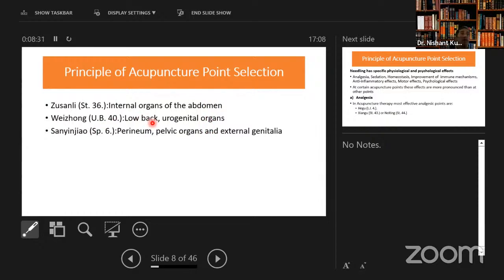UB40 कहाँ होता है? Popliteal crease, but it is very good point for low back, especially radicular pain or even without radiculopathy. We use UB40 for low backache. Okay? And spleen 6. So it is very good for perineum, pelvic organ and external organs, external genitalia.